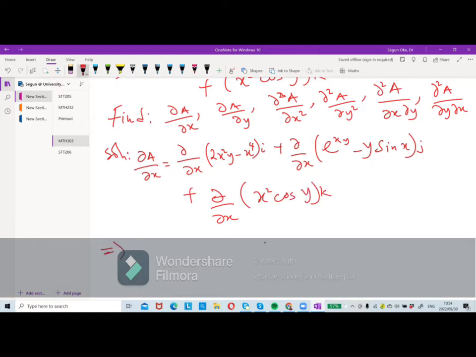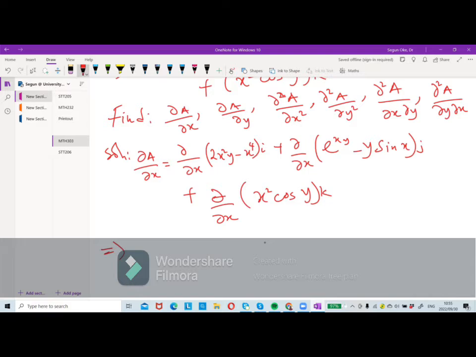So in this case, what we need to do is just to differentiate all these functions with respect to x. Anywhere you see y, it simply means y will be constant. Are you getting my point now? Yes, sir. y will remain constant while you differentiate x.